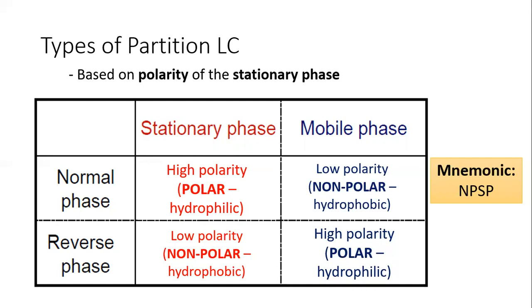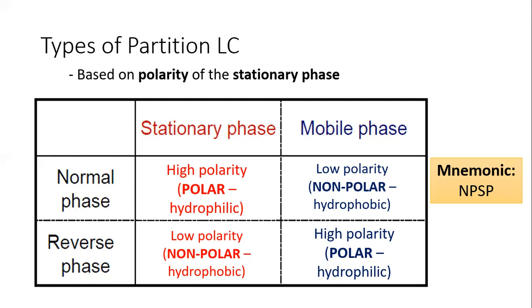So these are polar columns. Okay? And dapat yung mobile phase, which are your solvents, mas mababa yung polarity niya compared to your stationary phase. Okay? Pag reverse phase naman, this time your stationary phase, the column, is non-polar.